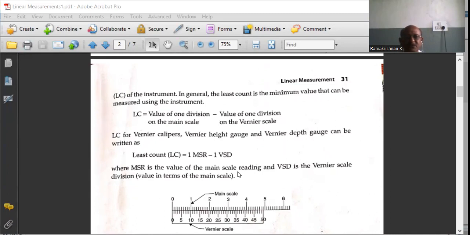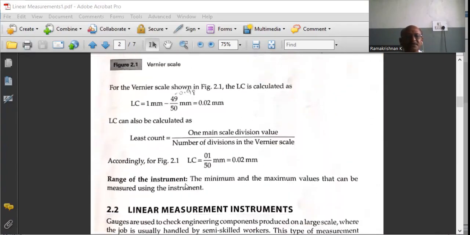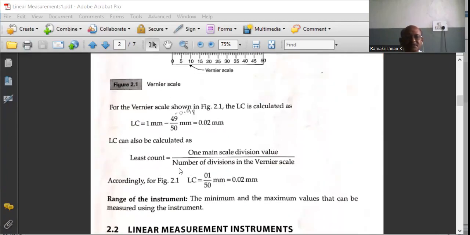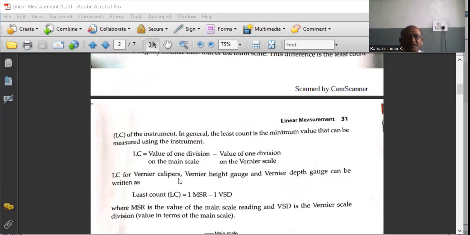For the Vernier caliper, the least count is the difference between one main scale division and one Vernier scale division, that is 1 MSD minus 1 VSD. One main scale division is 1 and one Vernier scale division is 0.98, so the least count for the Vernier caliper is 0.02 mm.